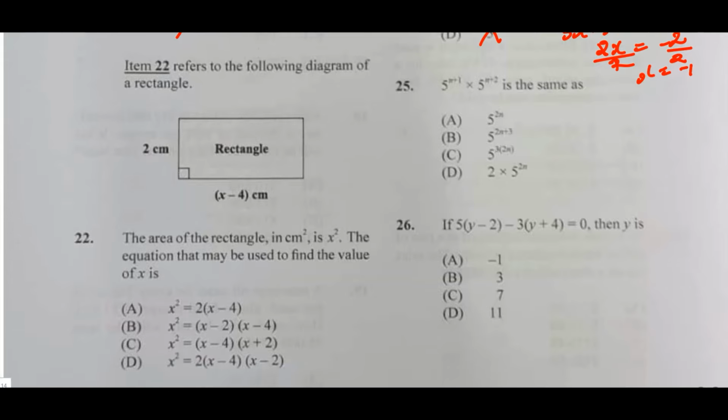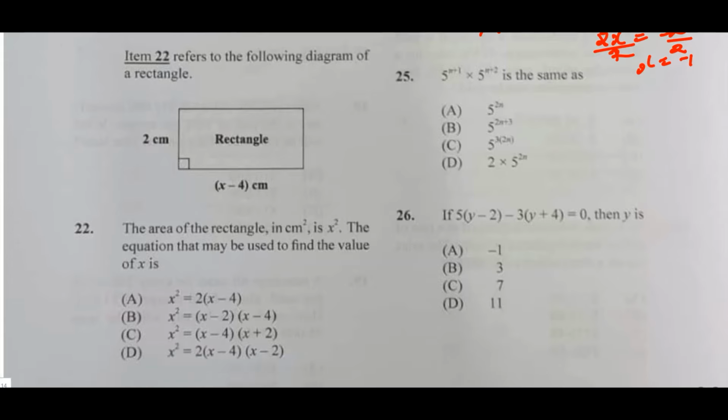Alright, number 22. Item 22 refers to the following diagram of a rectangle. So we have 2 centimeters and x minus 4 centimeters. The area of the rectangle is x squared. The equation that may be used to find the value of x is, alright, we know the area of a rectangle is equal to length times width, and the area is x squared, so it's 2 times x minus 4.